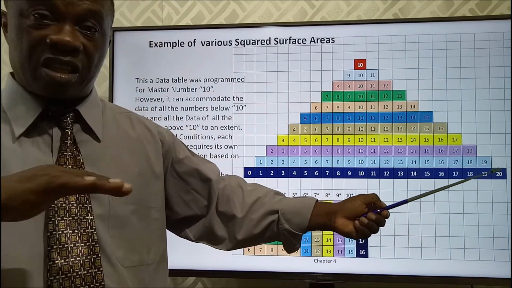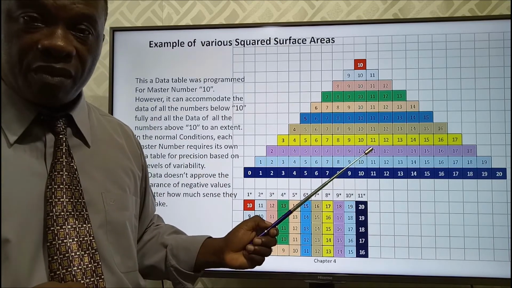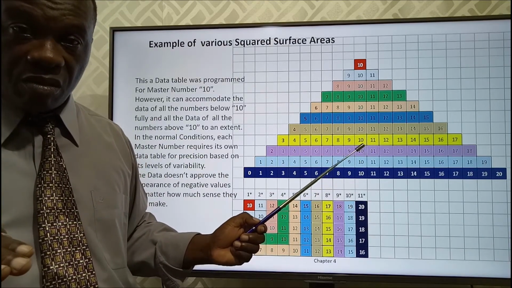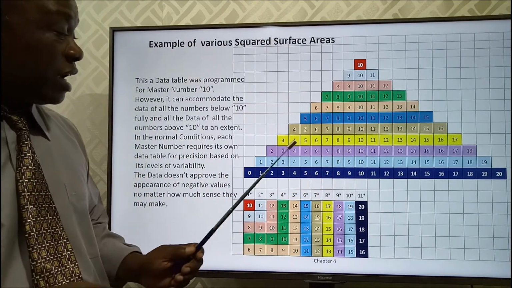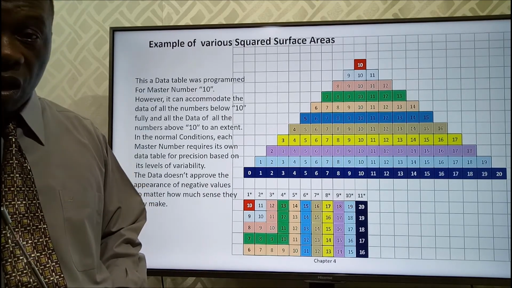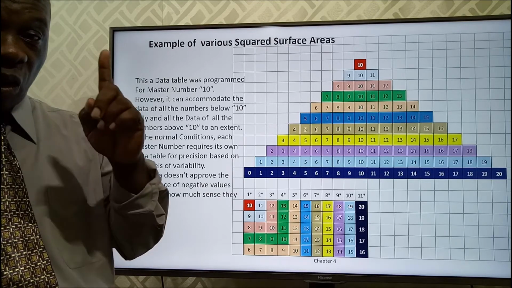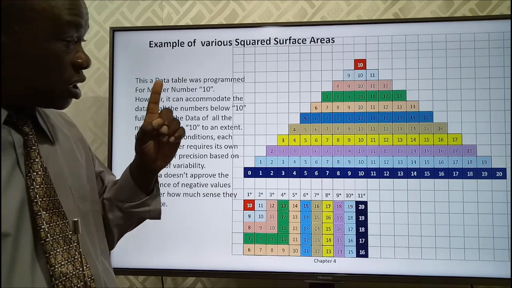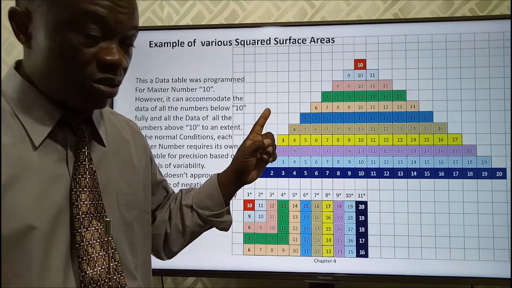That's where your data stops for that number. That's the law. You cannot go beyond that. If you find negative numbers, then that's wrong. Your data already violated the law. We don't need negative numbers.